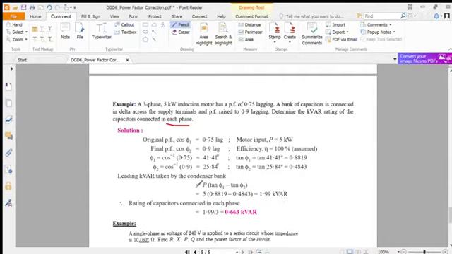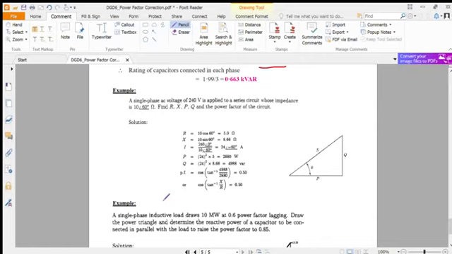This is a condenser bank, meaning that when the capacitors are connected in the three arms of the three-phase system, it is called a condenser bank. Then we get the total kVA rating for the 3 capacitors, but we have to find it for each phase, so we just divide by 3. So each capacitor will contribute 0.663 kilovolt ampere.